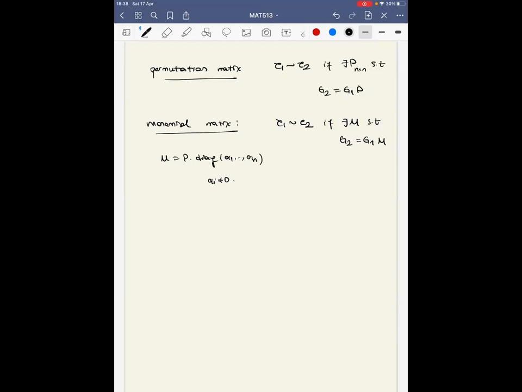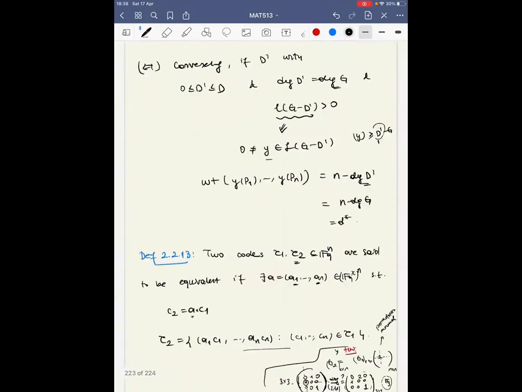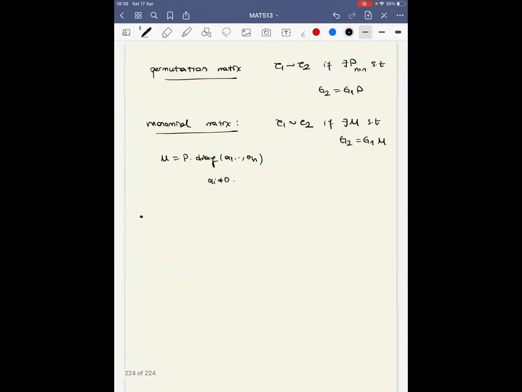And indeed, thanks to these facts, we can see that equivalent codes have the same dimension and the same minimum distance, because multiplication by non-zero coordinates doesn't change the minimum distance, and if we apply permutations on the coordinates, again the weight doesn't change.